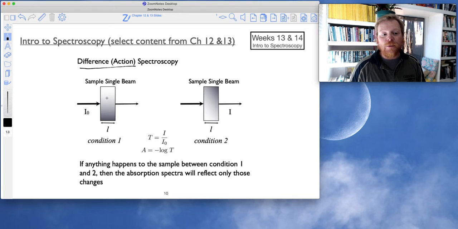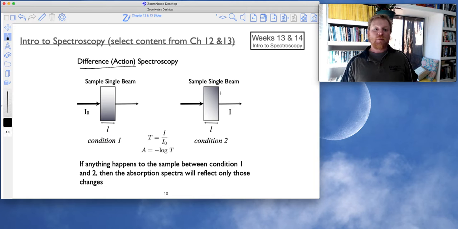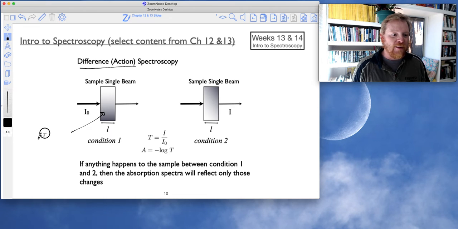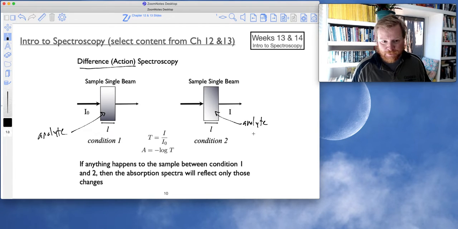except our background single beam spectra and sample single beam spectra are truly identical. Meaning that we would have analyte molecules here as well as analyte molecules here.